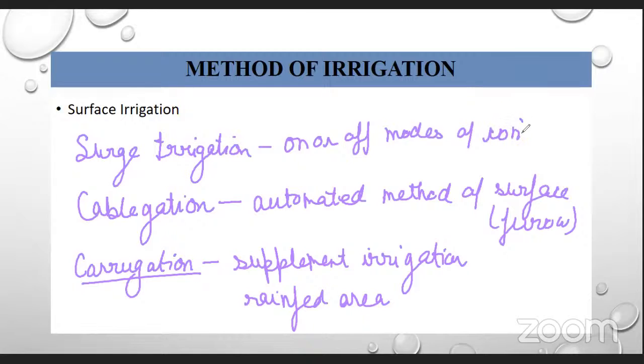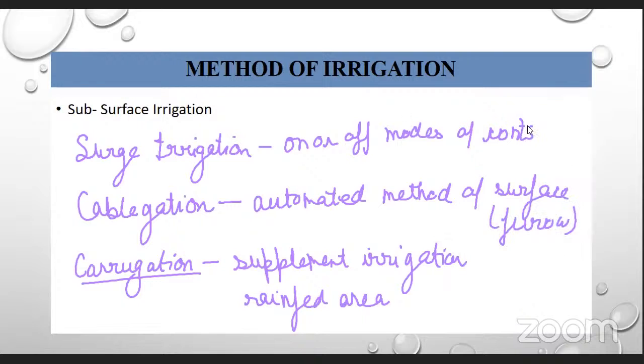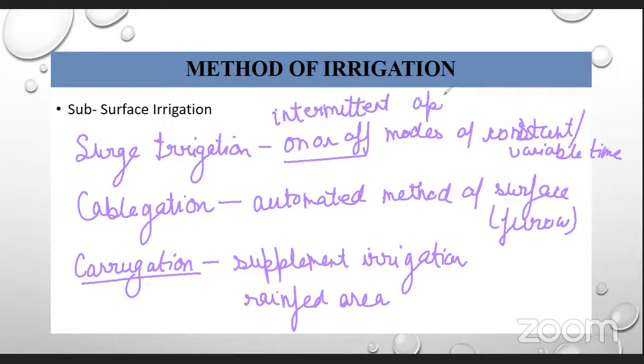Or surge irrigation is also known as intermittent application of water.